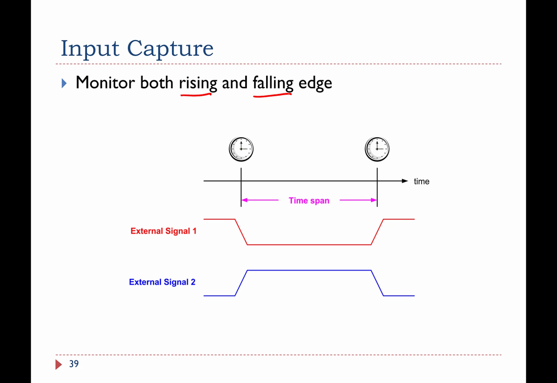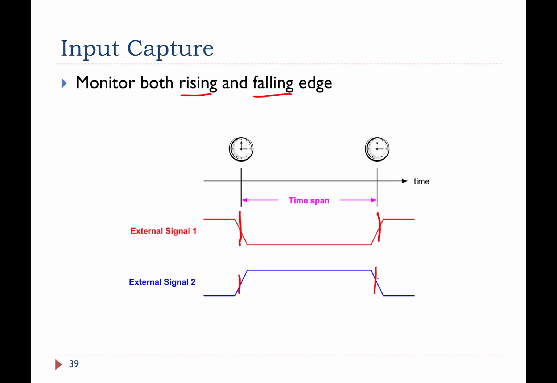And so this one's trying to show what would happen if your external signal is in either red or blue and you're monitoring both the rising and the falling edge. So it'll clock this time here and clock this time here for the red signal as well as it would for the blue signal.